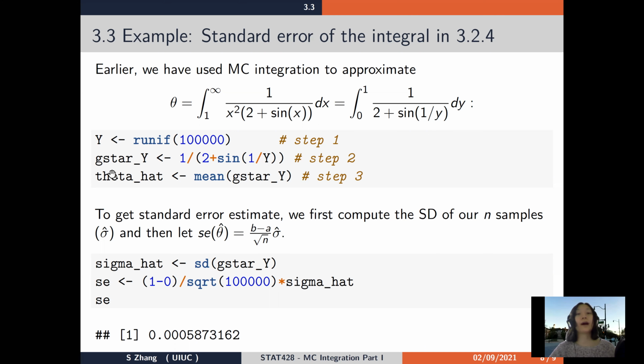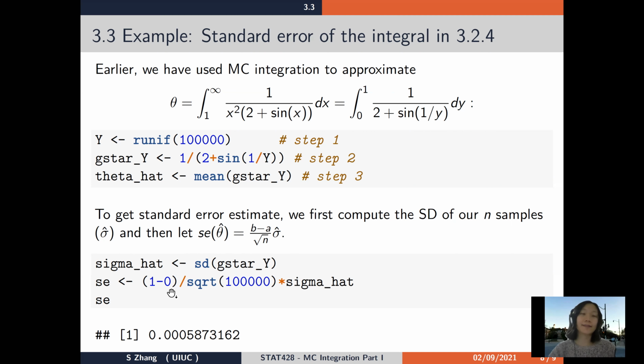Recall that g star is this function, evaluated at our uniform y draws.